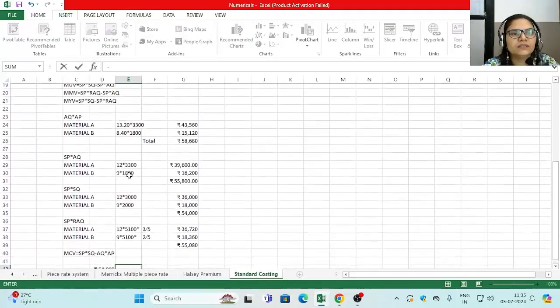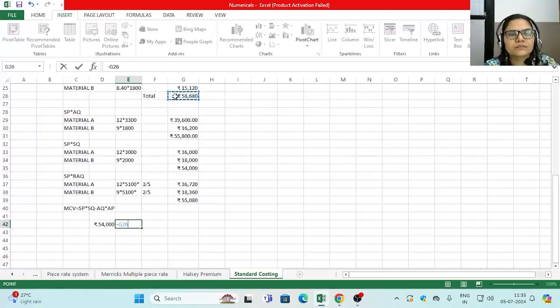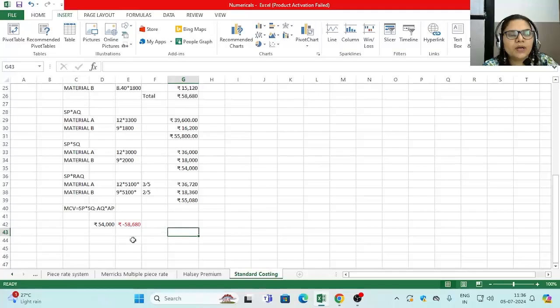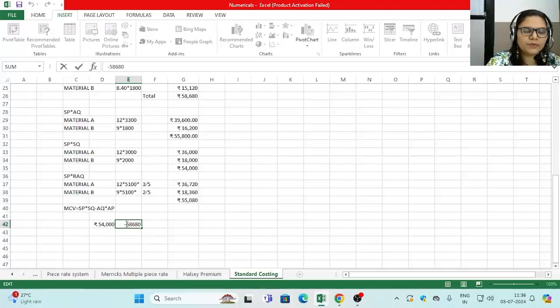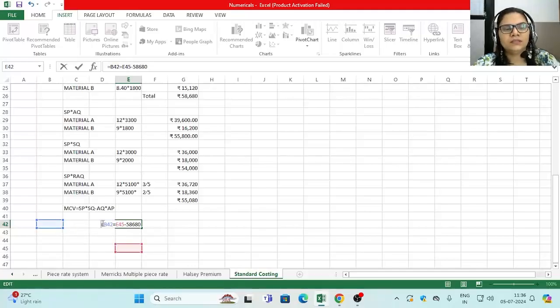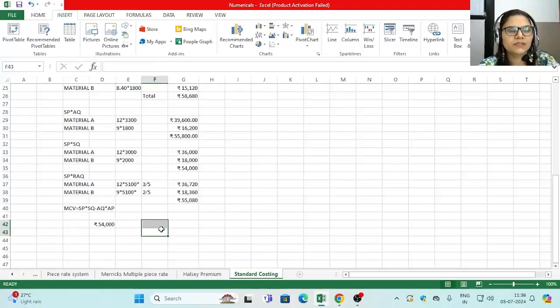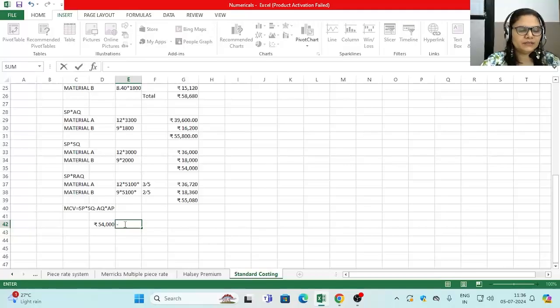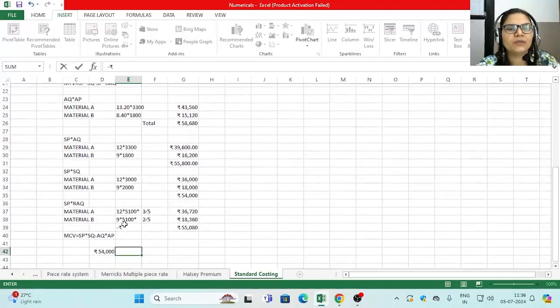Minus it is 58,680. No problem, we will type it again. It is rupees 54,000 minus 58,680.